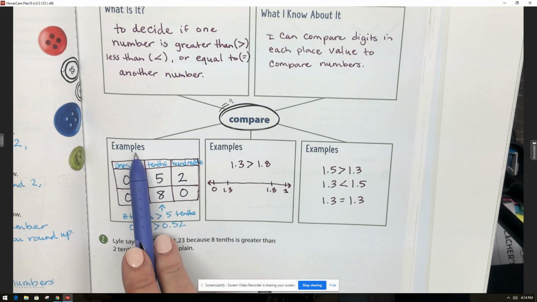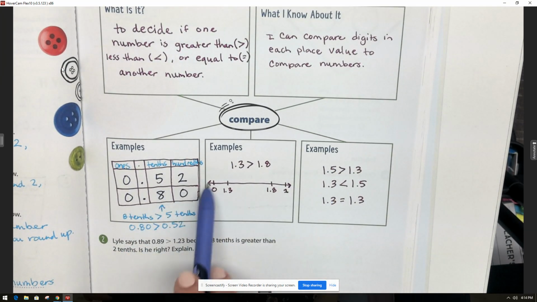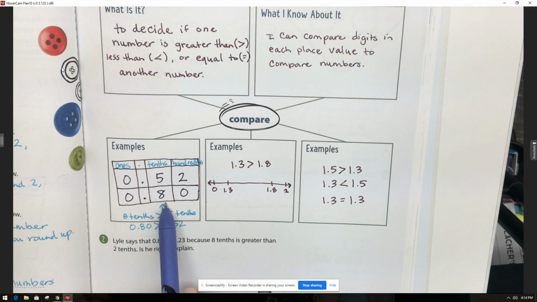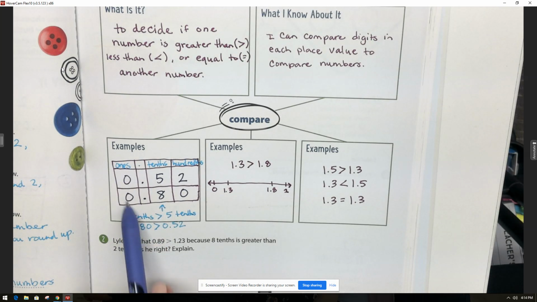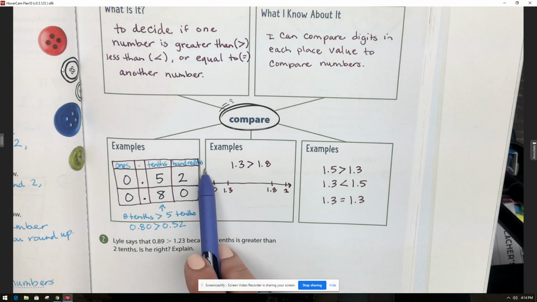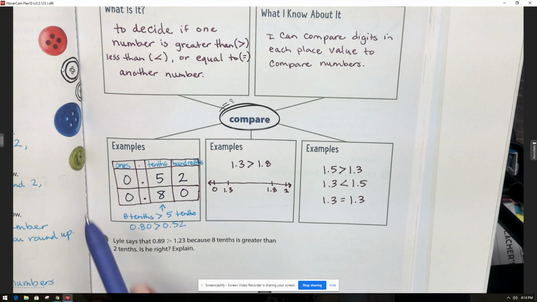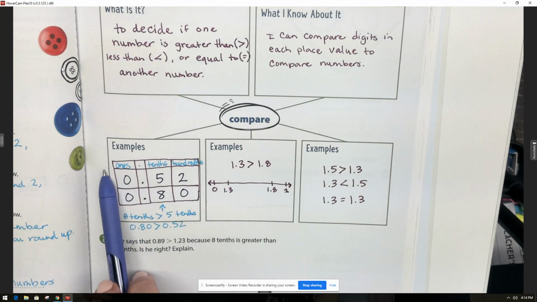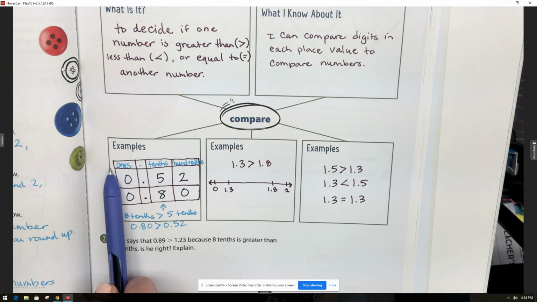Now, as examples of how we can compare numbers, we could use a place value chart, and we could look and go, okay, these zeros are the same, so we're going to go over one place value. Remember, we always start in the largest place value when we're comparing digits. So it's almost opposite what we're used to. We're used to usually starting on the right and moving left. Well, when we're comparing digits, we're always going to start with the largest value digit.